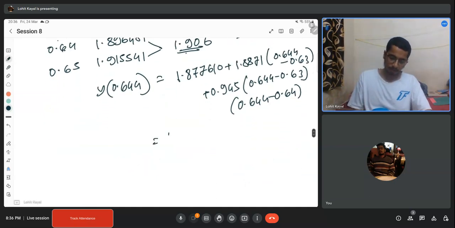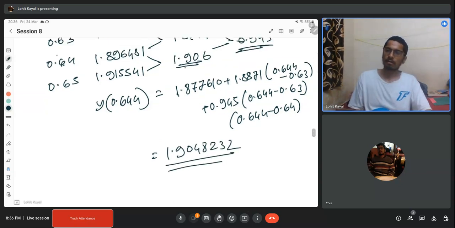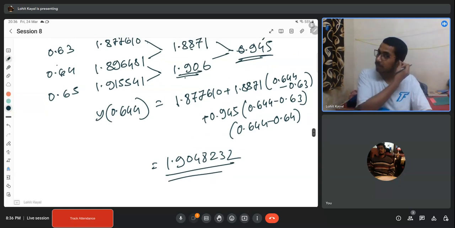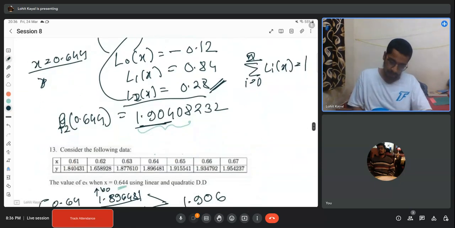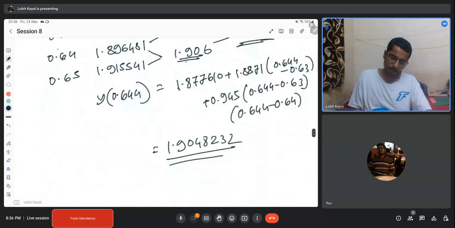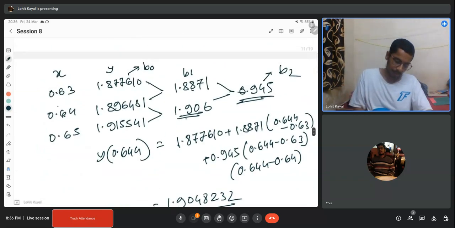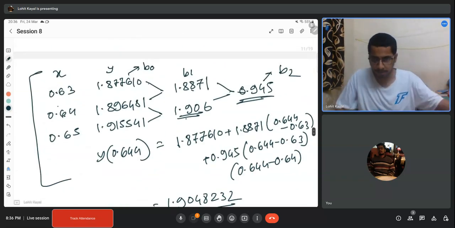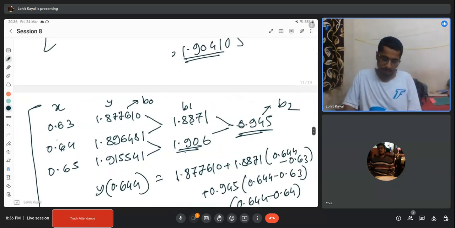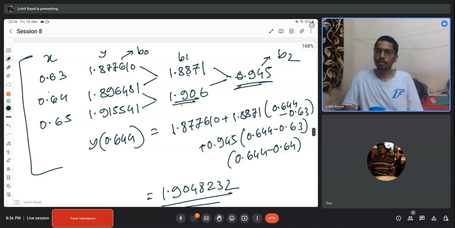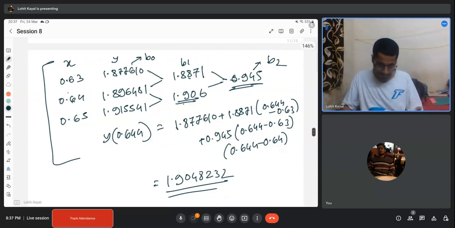You will get 1.9048232. This is exactly the same answer that we got in the previous method. Here also I have got exactly the same answer, but here you can see that the calculation is much easier. So it is always better to use the divided difference formula in order to solve this kind of problems.